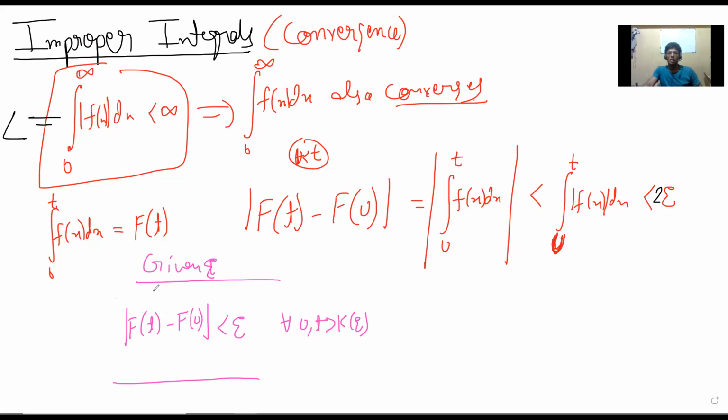Given epsilon, you are making the tail less than epsilon. Yes, that's right. The terms are getting closer to each other, in a very precise way.